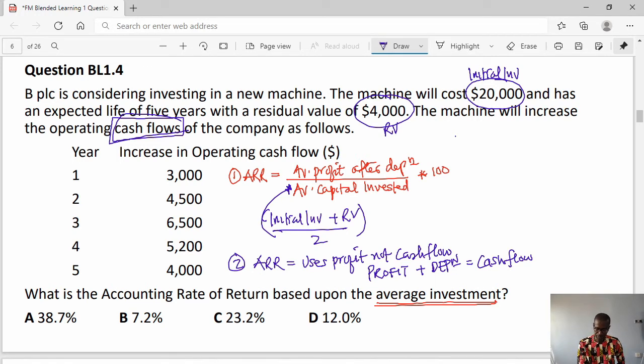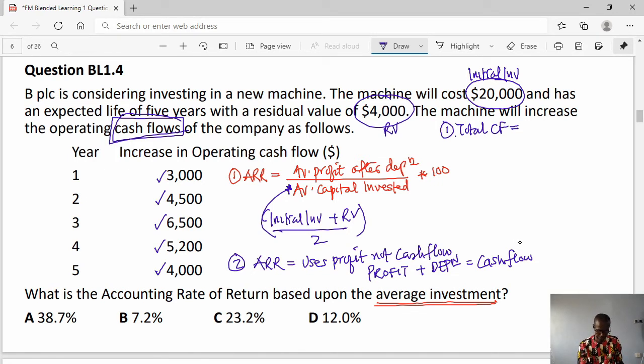So let's start. The first is total cash flows, which is 3,000 plus 4,500 plus 6,500 plus 5,200 plus 4,000. Please use your calculator and let's see what figures you get.